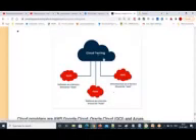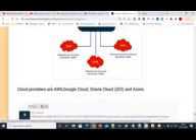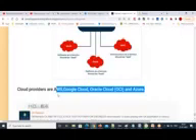In the cloud, what are the cloud providers? We have so many cloud providers: AWS, Google Cloud, Oracle Cloud, and Azure. These are the cloud providers. They will provide this cloud environment.